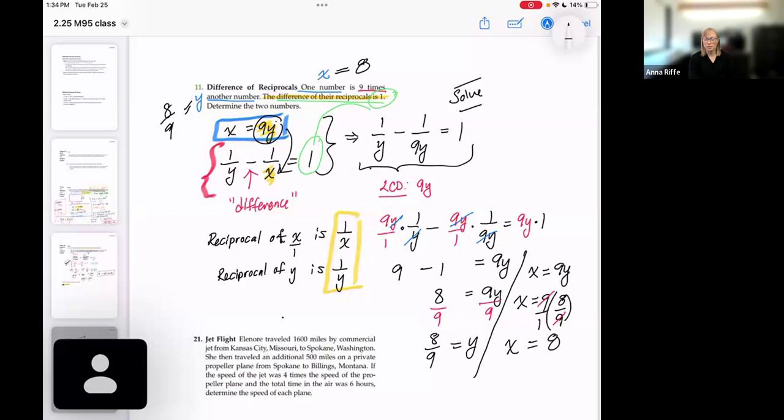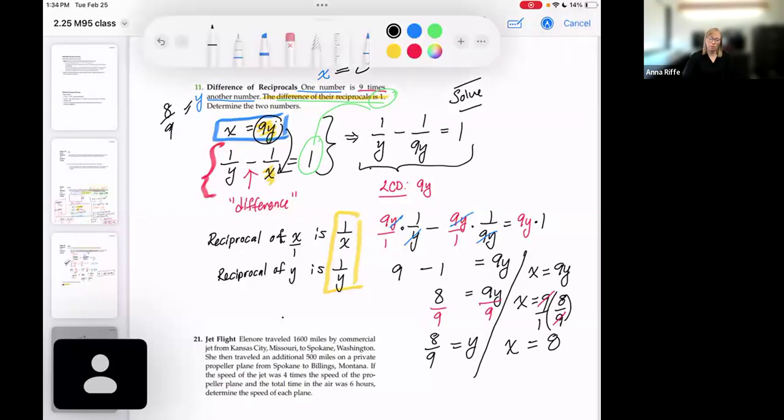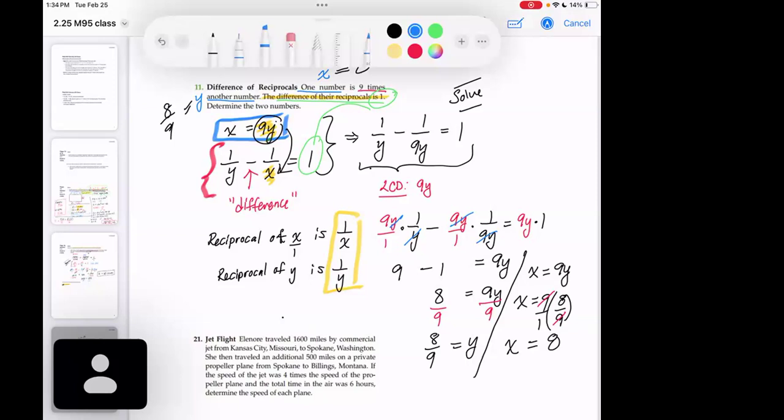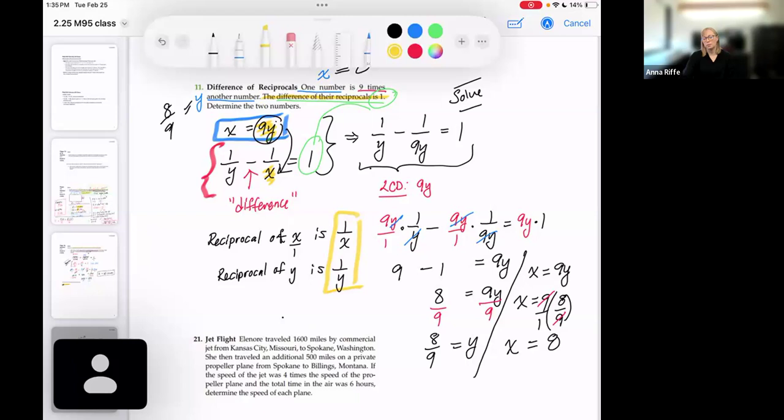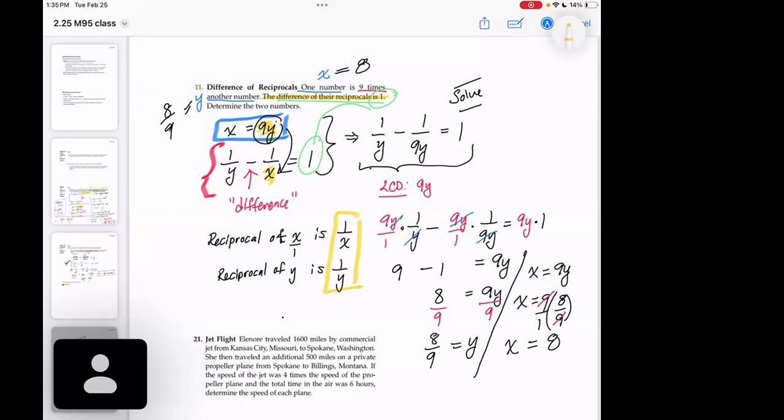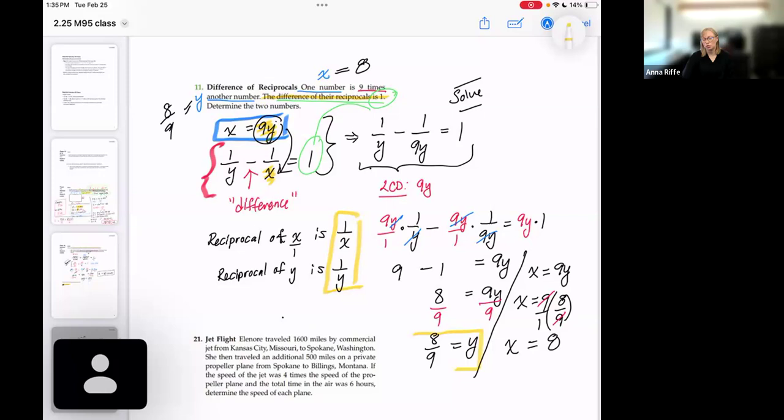And I did that because, well, we're asked to find two different things here. We're asked to find two numbers. I called those two numbers x and y just to introduce some variables. I found y on the bottom right. I still needed to find x.